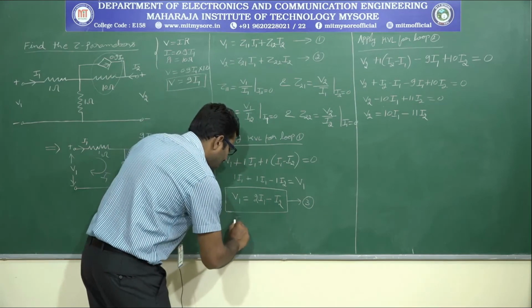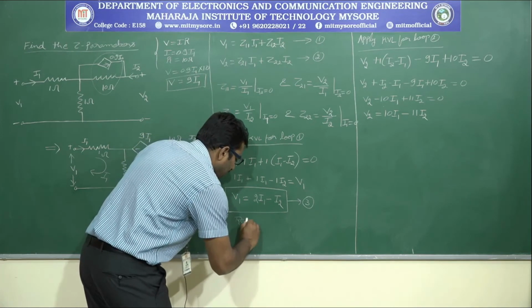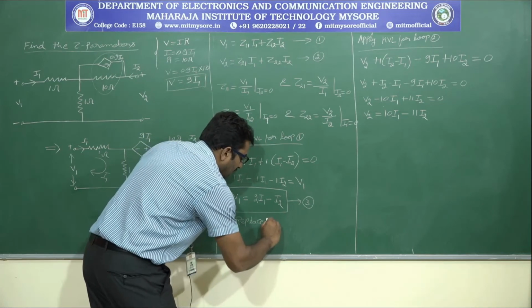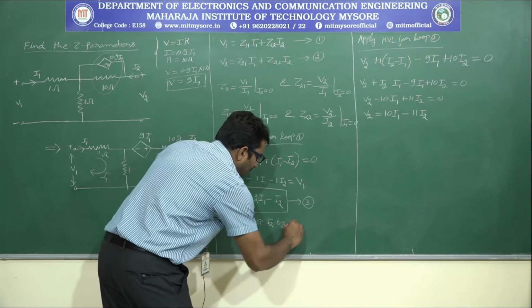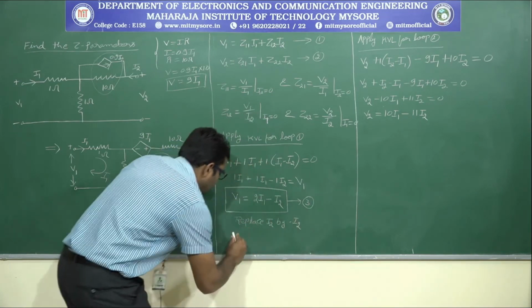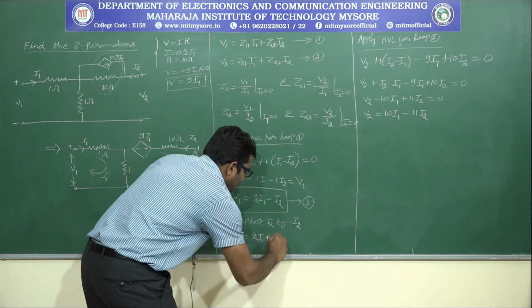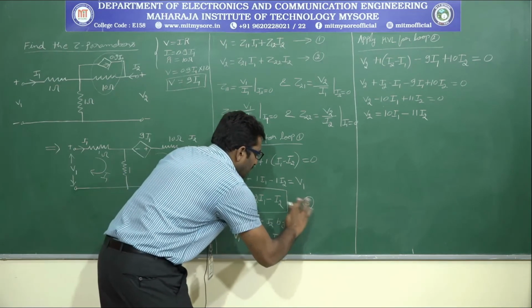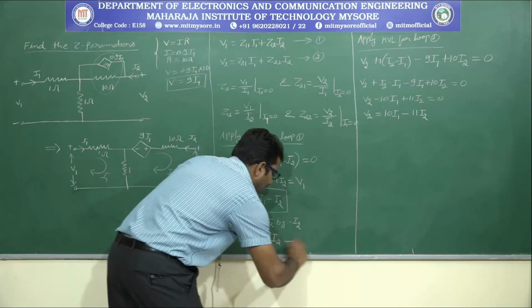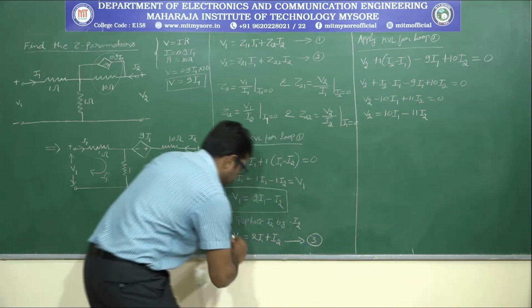So don't forget to replace I2 by minus I2. We already discussed this. Replace I2 by minus I2. So this becomes V1 is equal to 2I1 plus I2, and we call it equation 3.